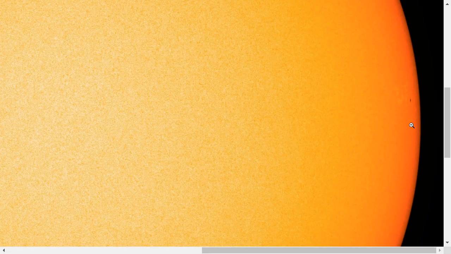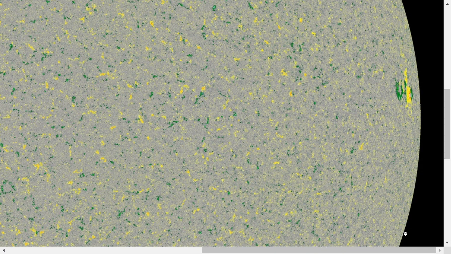And first, we're looking at the last few hours here of sunspot 2757 as it sets over the western limb. There's the intensitygram. There's the colorized magnetogram. And it looks like it might have gained a little bit of complexity there.